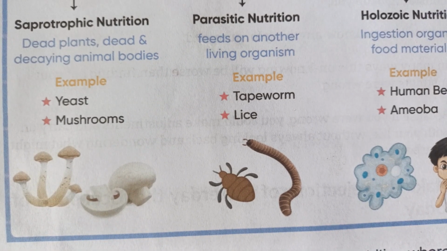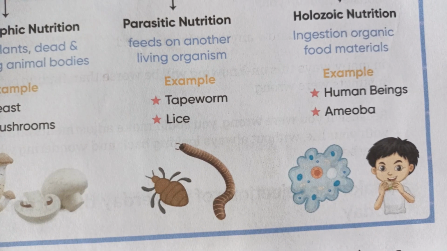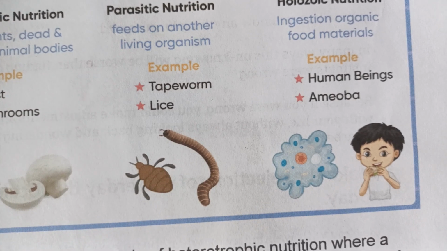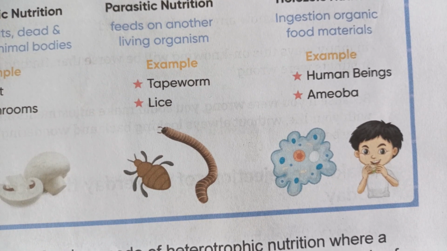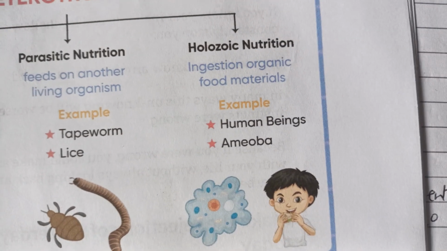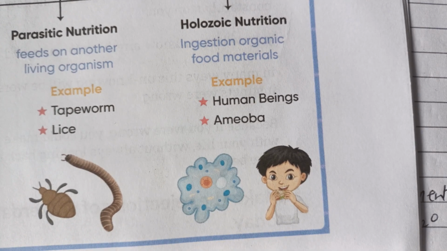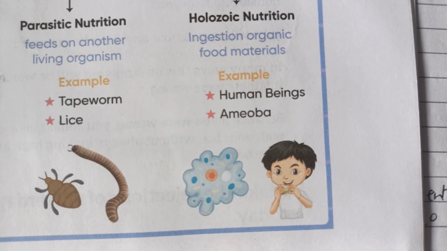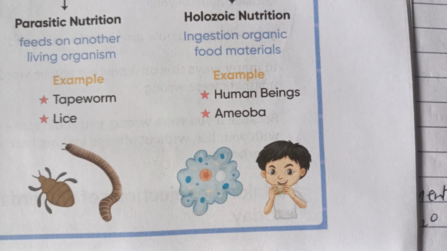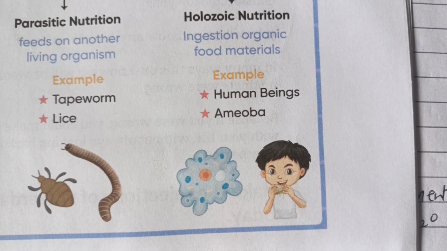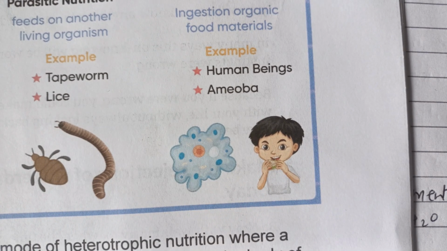That's saprotrophic nutrition. Then parasitic is when you are feeding on another living organism, like tapeworm or lice. And holozoic nutrition is ingestion of organic food material, like we do. We eat organic food material, so human beings or amoeba.